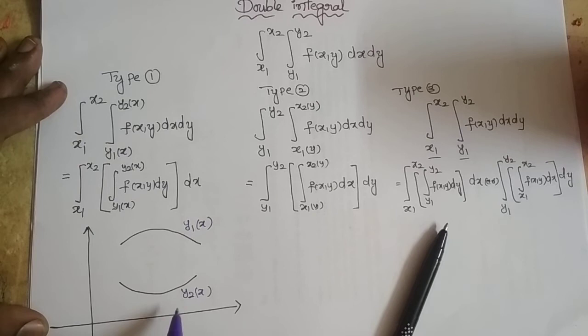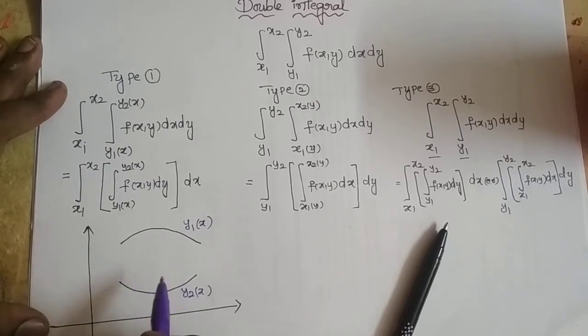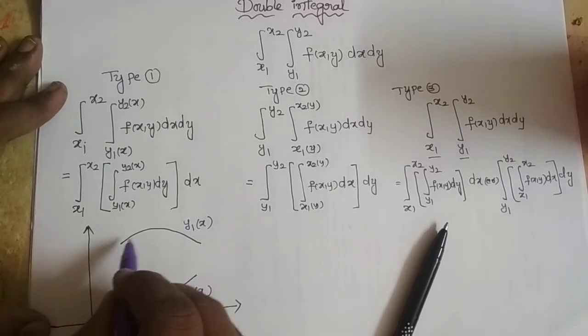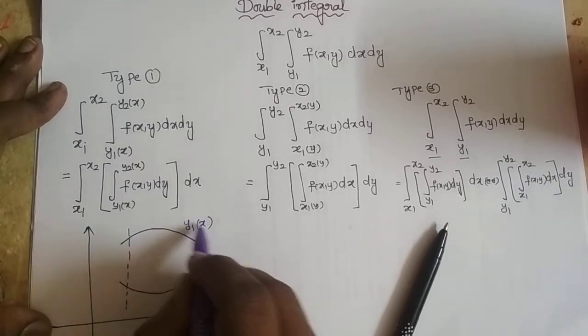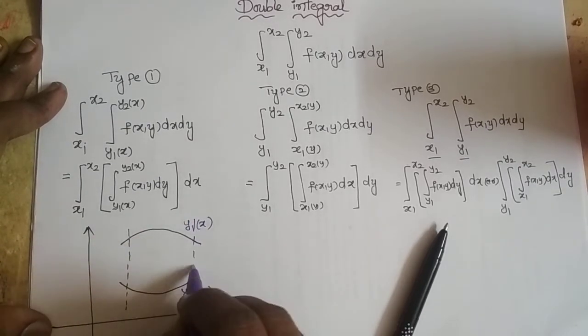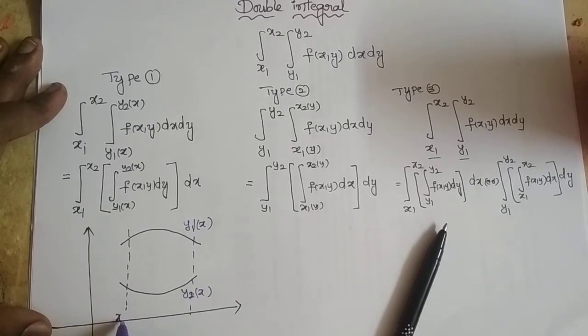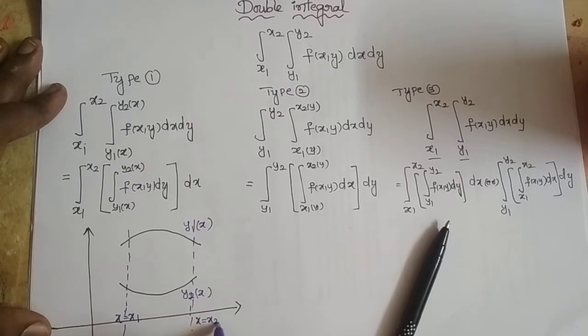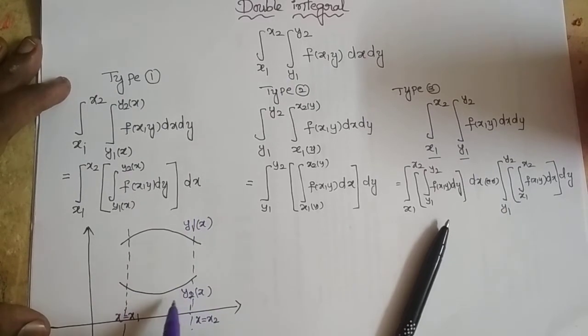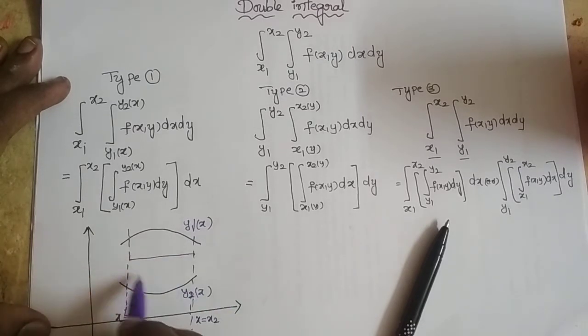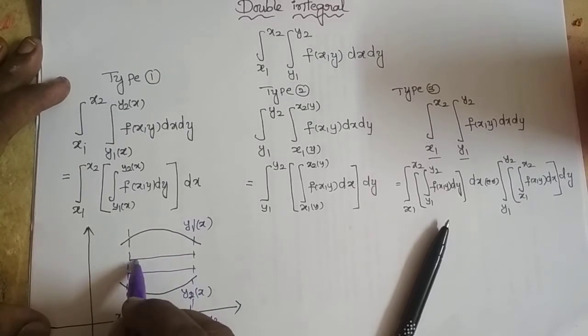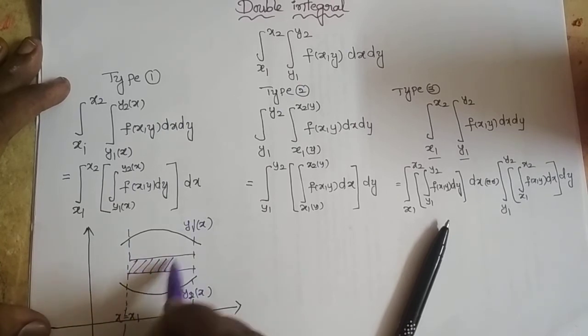Let us take the boundaries as x boundaries, so this is one boundary, this is another boundary: x is equal to x1, x is equal to x2. These are the boundaries. This is the region of integration.